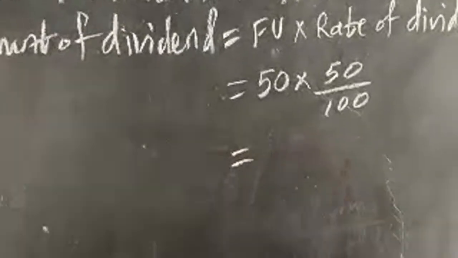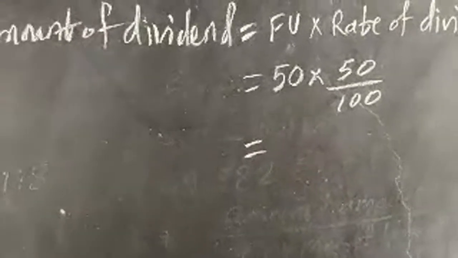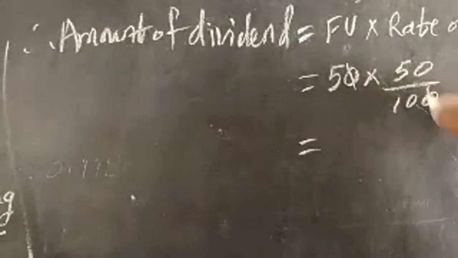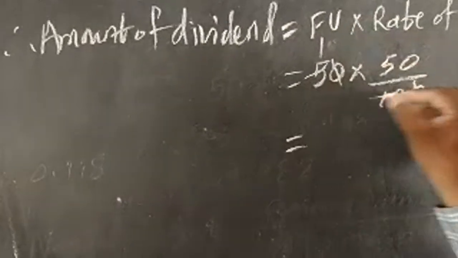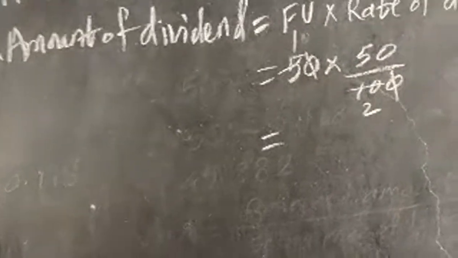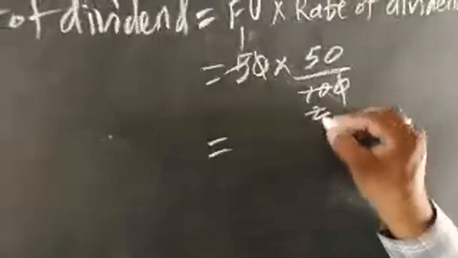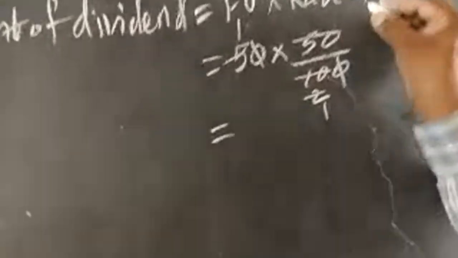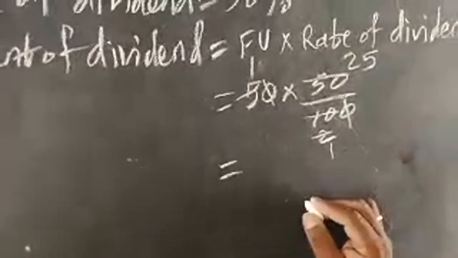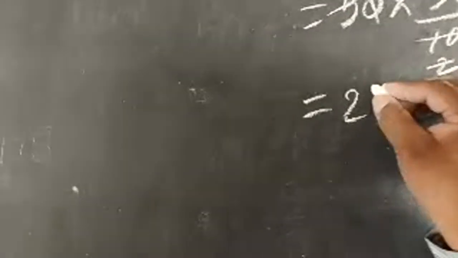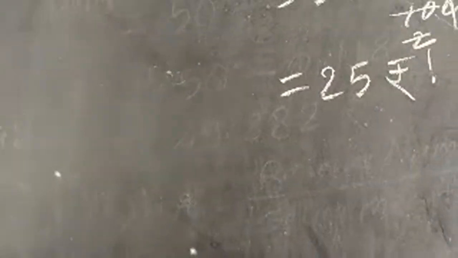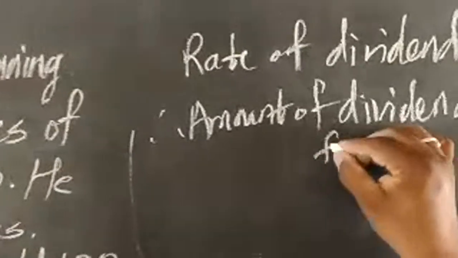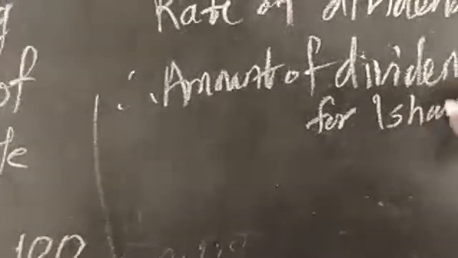The zeros get cancelled. 5 ones are 5, 5 twos are 10, then half of 50 is 25. That is the correct answer, 25 rupees. This is the amount of dividend for one share.